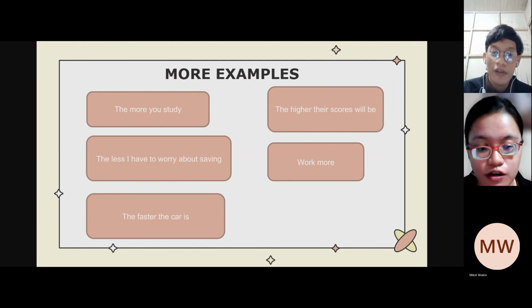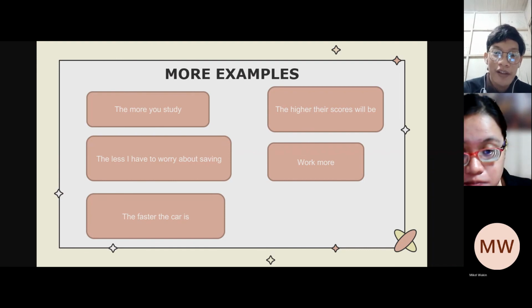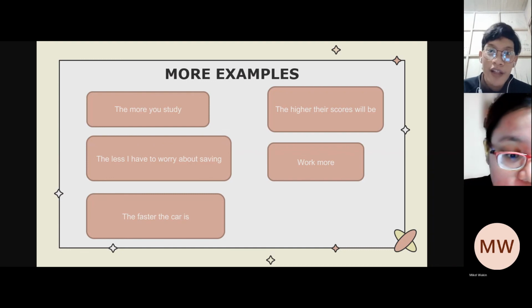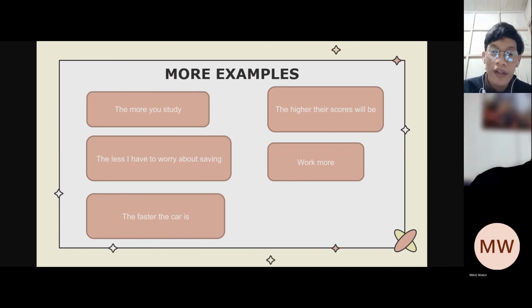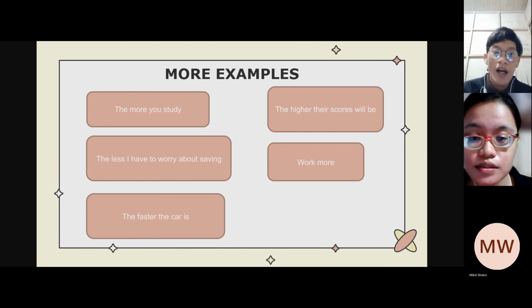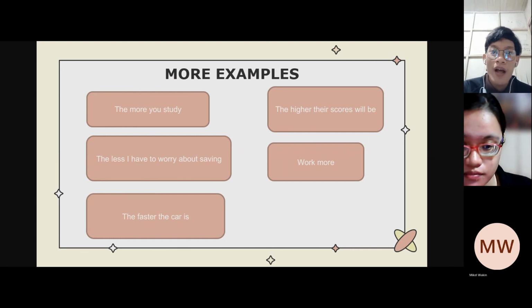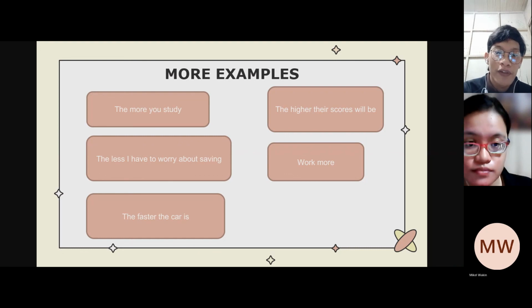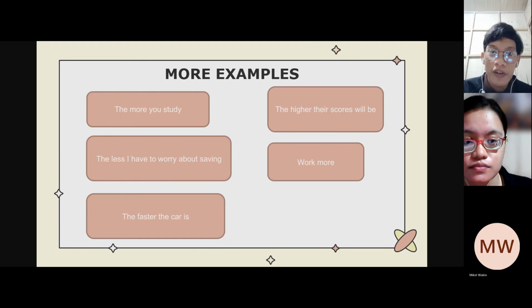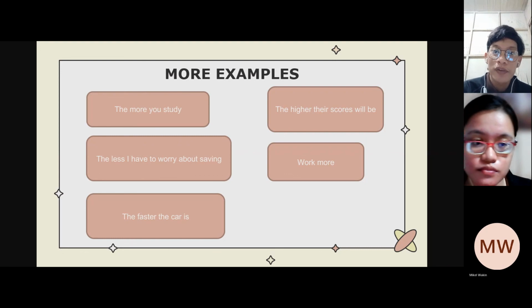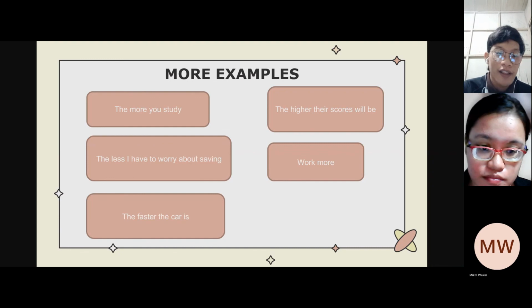Yes, sir, that is correct. And the sentence that you provided is a type of two comparatives together, that is the shortening comparatives, because we have here the shorter versions of the words, which are work more and save more. And let's proceed to our last dependent clause.